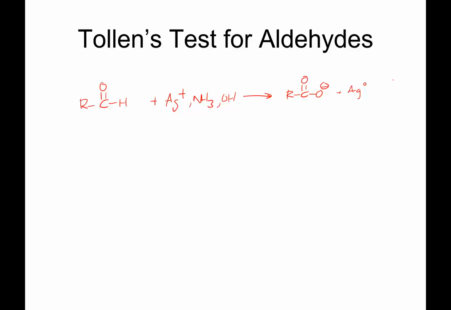So in this reaction, what happens is if you put an aldehyde, and you could put, for instance, a sugar molecule that has an aldehyde in its open chain form, you throw that in with this Tollens reagent and you swirl it around in the round bottom flask.